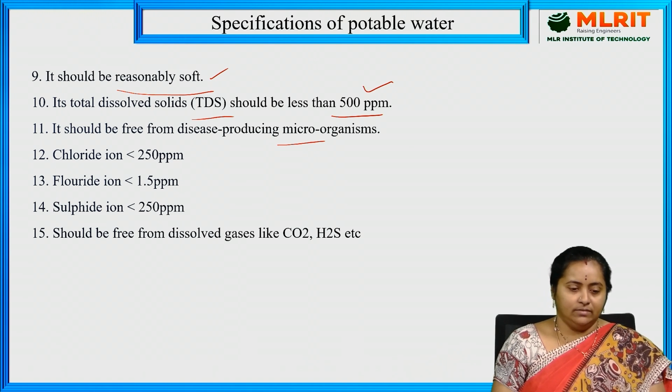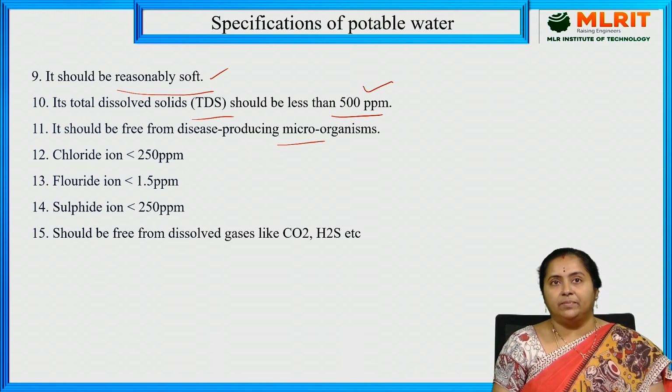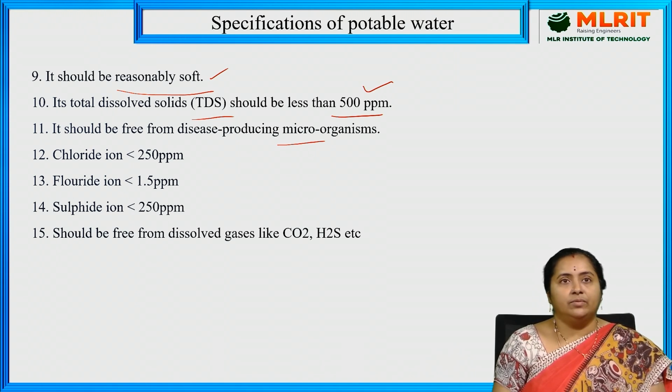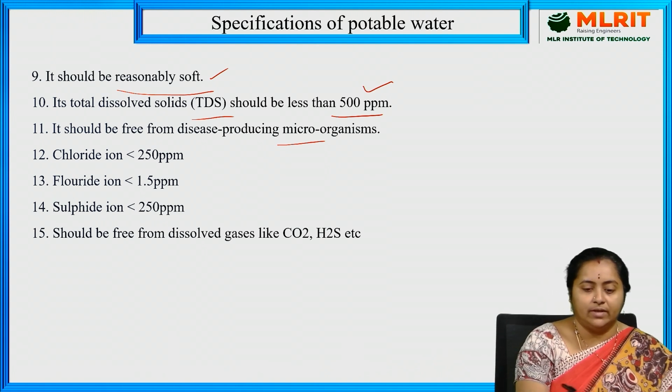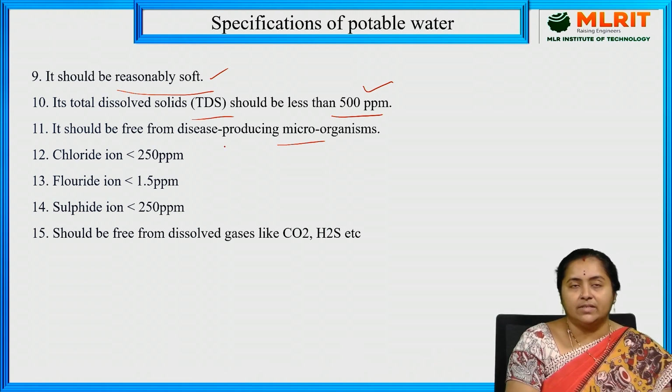If water has microorganism content and we use it for drinking, it can cause waterborne diseases like diarrhea, cholera, and typhoid in living organisms. So, it should be free from disease causing microorganisms.